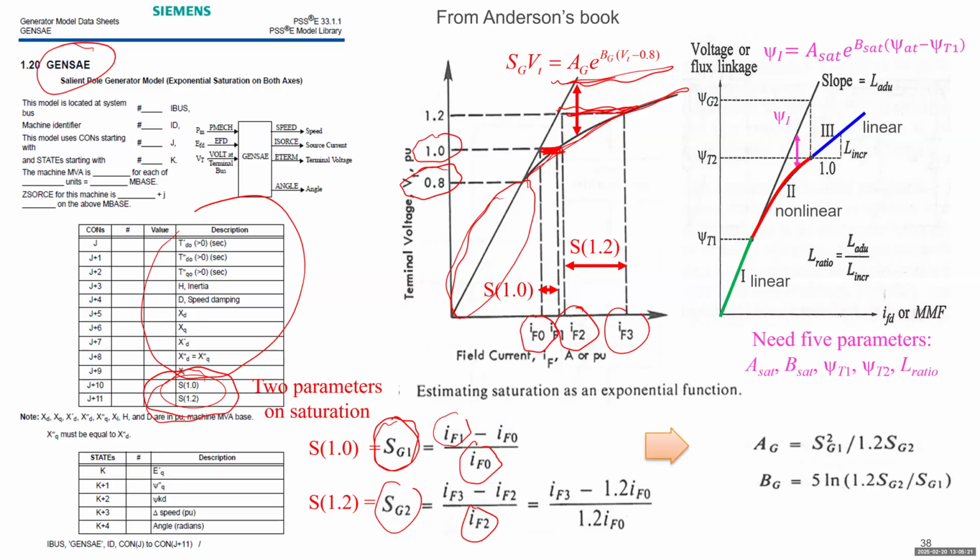So we can solve AG and BG from that equation by plugging the 2 points into that curve. So this will give you the value of the AG and the BG. If you know the value in the table about S1.0 and S1.2, you can use those formulas to calculate AG and BG.